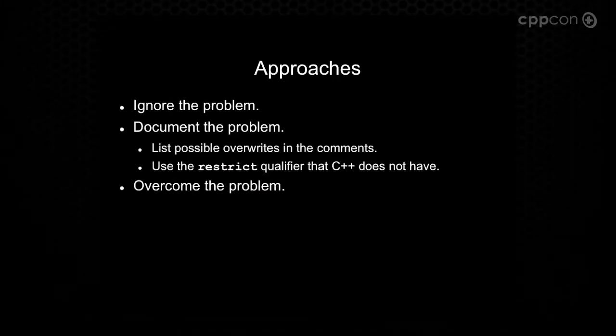So now we're going to go into the discussion on aliasing. It's a major source of bugs, and it's a major inhibitor to performance with the compilers. You have basically three approaches. The first one is probably most commonly used.